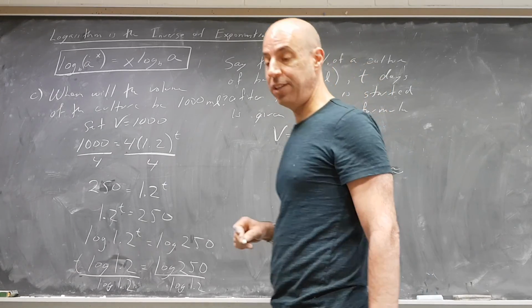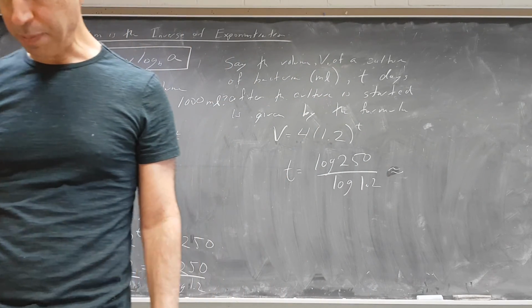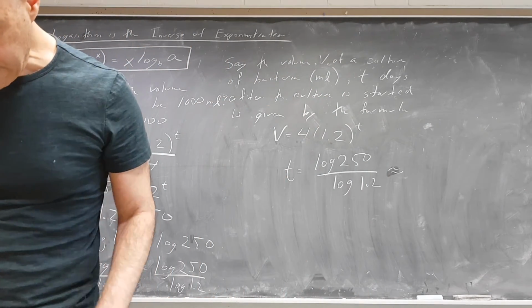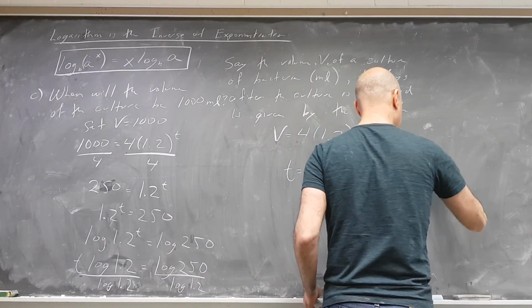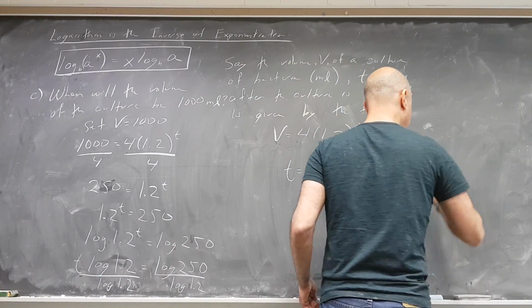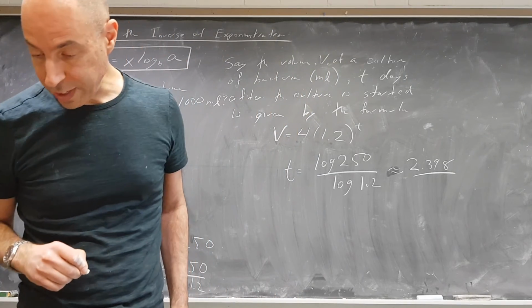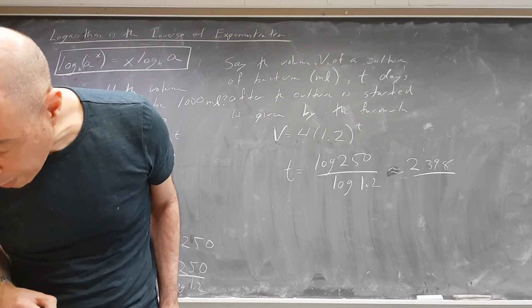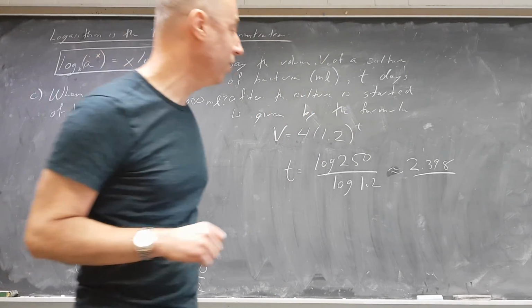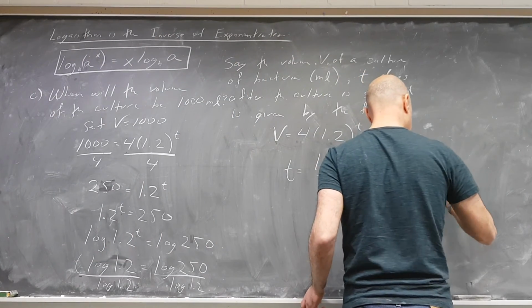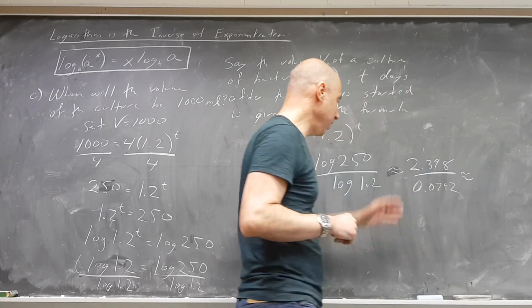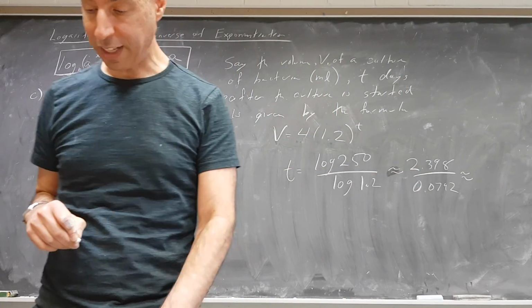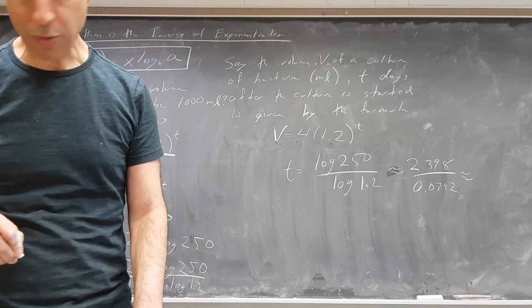And if you type that into your calculator, log base 10 of 250 is about 2.398, and log base 10 of 1.2 is about 0.0792. You could have done this all in one step on your calculator, and this works out to about 30.28.